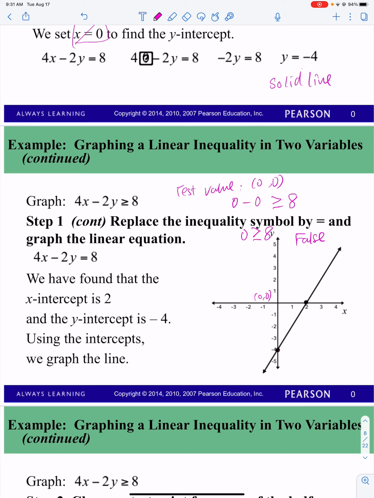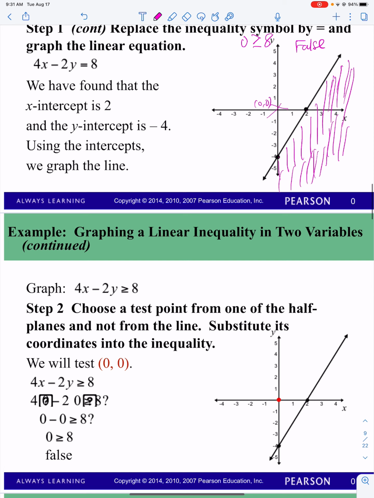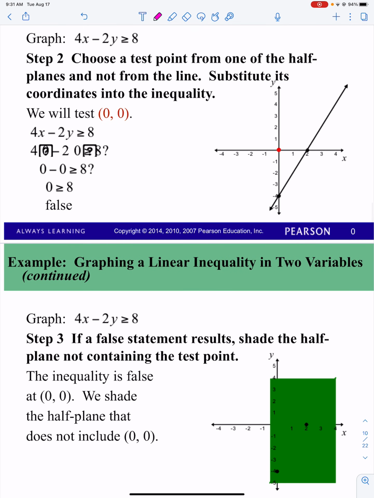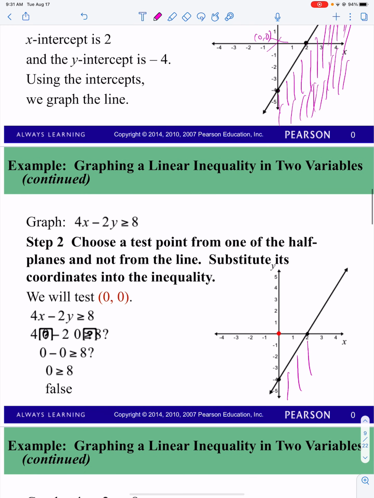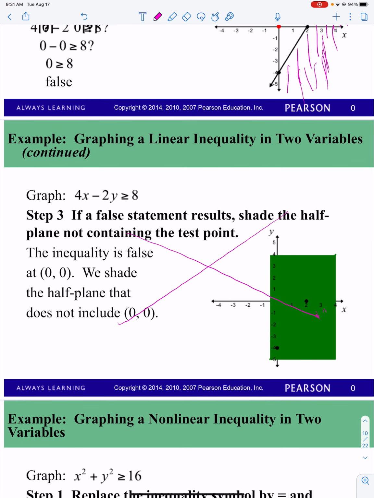So do we want 0, 0? No. So we want the area that does not contain 0, 0. So we use the test point, and the graph is right here. The picture didn't come out so good here.